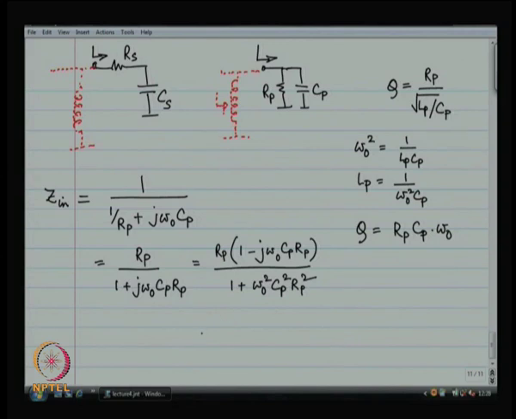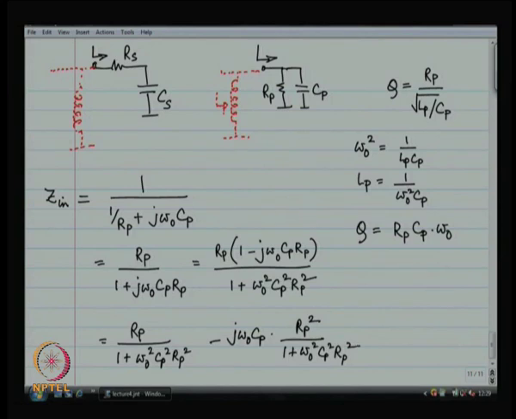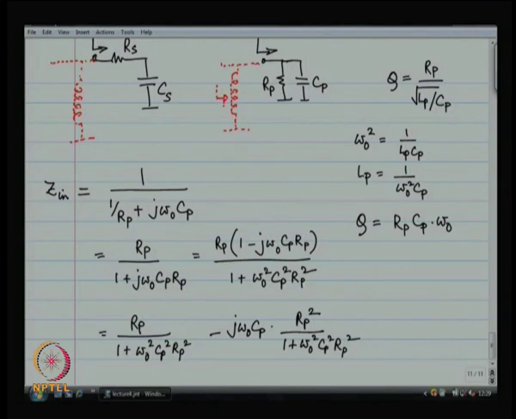And the final result is this, and what is very neat over here is the fact that Q is equal to omega naught Cp Rp. So, this is Q squared.